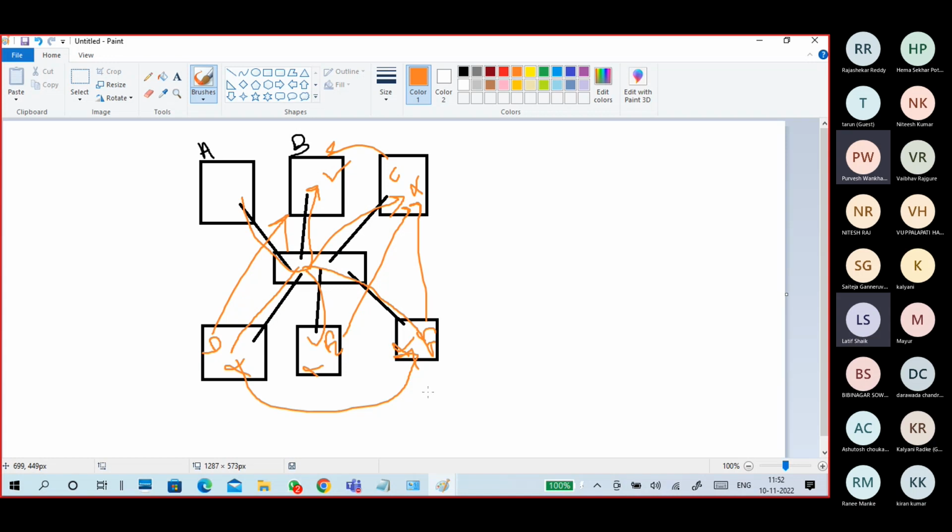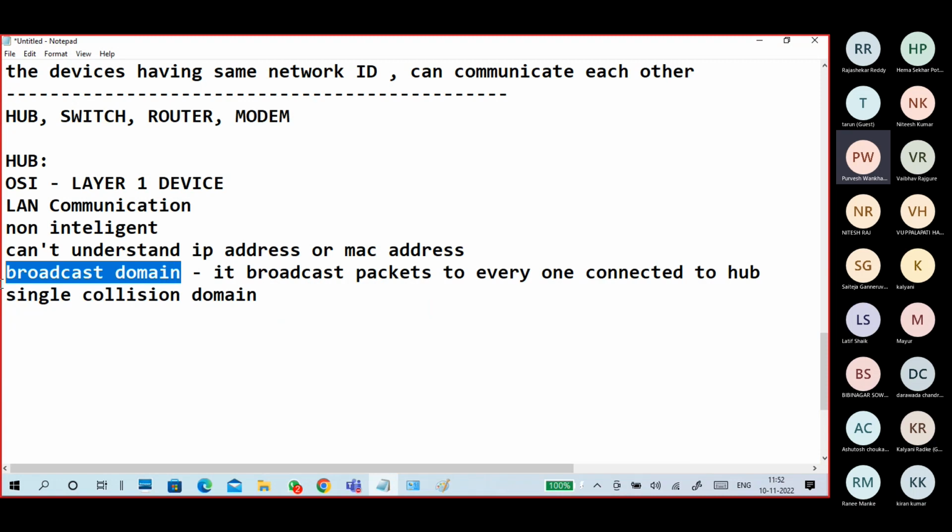So while one PC is communicating with another PC in the LAN network, every device is sending all packets to every device. The packet is sent to all other devices. So more collisions will occur and more packet data loss because of this broadcasting.